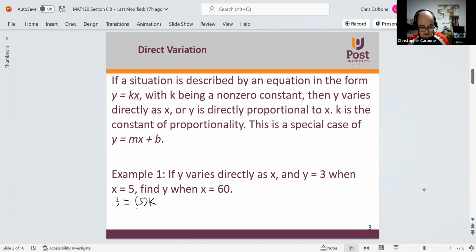So dividing by 5, unfortunately, it doesn't really give us much of anything simplified, but we get a k value of 3/5. So to actually solve for y, we do y is equal to 3/5 times 60, which would give us a value of 36.